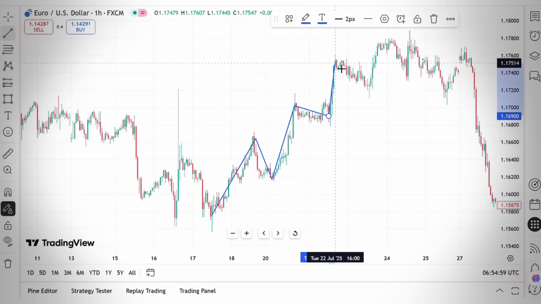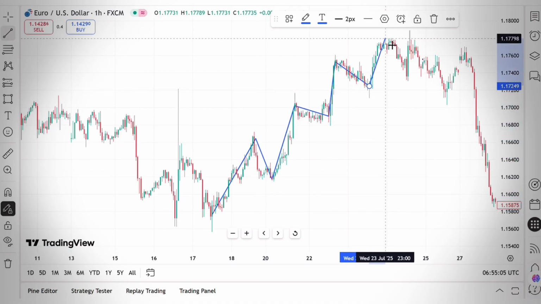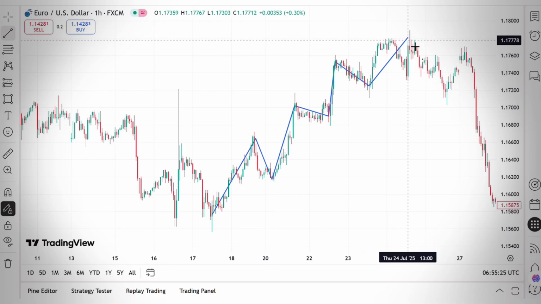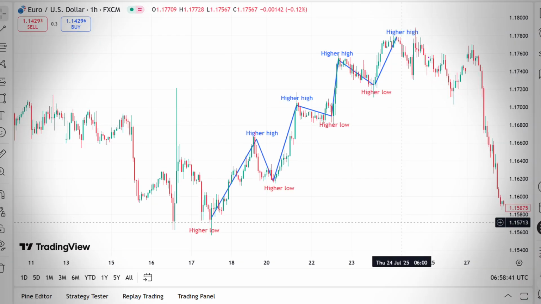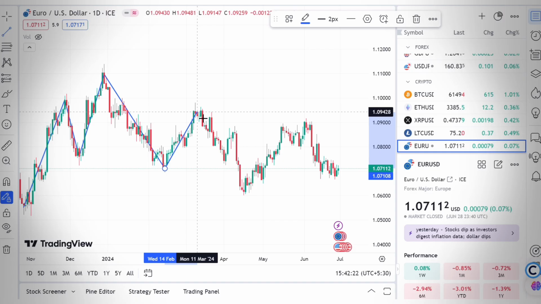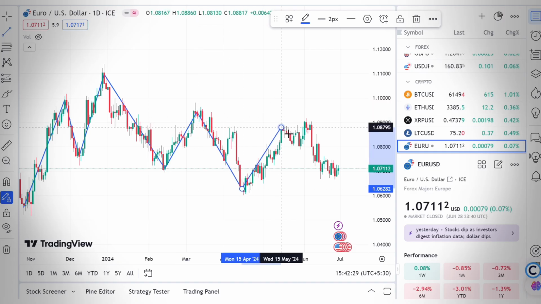If you carefully study price, you would notice that it follows a structure. When the market is in an uptrend, you would notice higher highs and higher lows. On the other hand, when the market is in a downtrend, you would notice lower highs and lower lows. Recognizing this helps you understand whether to buy, to sell, or to stay out.